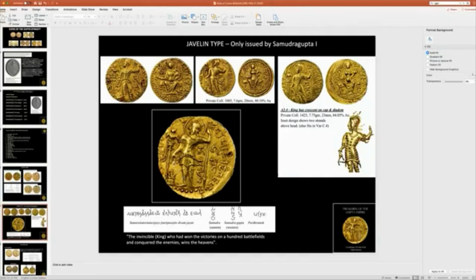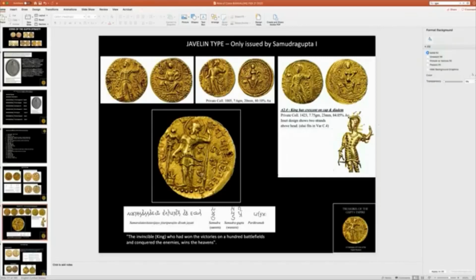You can actually see a little finger right here. You can see the fire flames. You can see the Garud Dwaj. You can see the spear, the javelin in his hand. You can see a crescent on his head, a little jewel at the top of his shoe right here. You see that? So this specific coin design was at the height of their art.